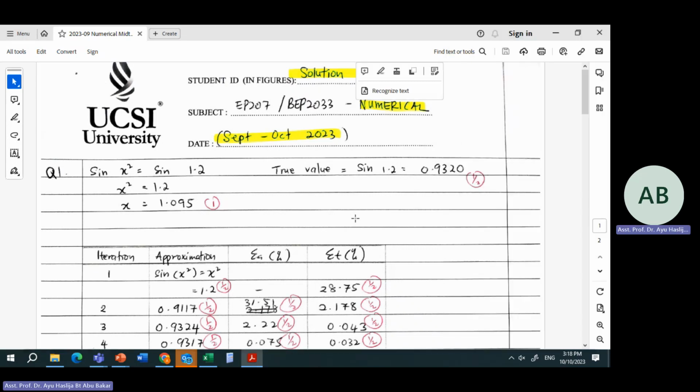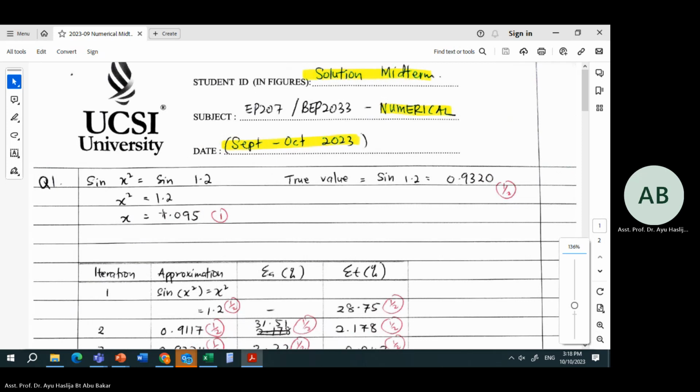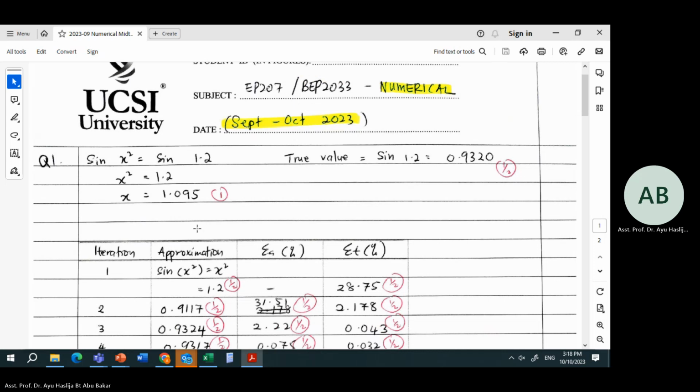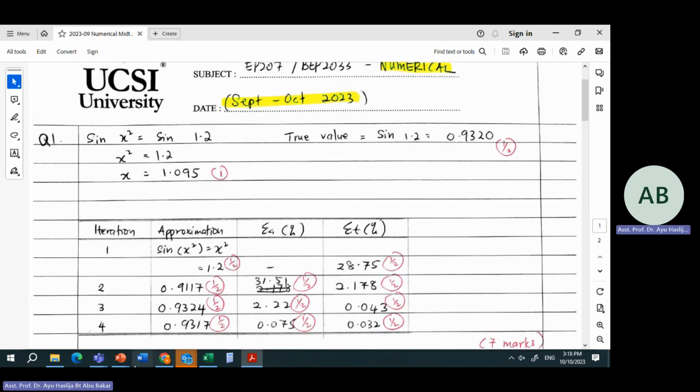Okay, this is how the mark is distributed. Question 1 already gives you sine x power 2 is equivalent to sine 1.2, meaning that x squared is 1.2. So x is the square root of 1.2. Then you approximate according to the terms of the equation.